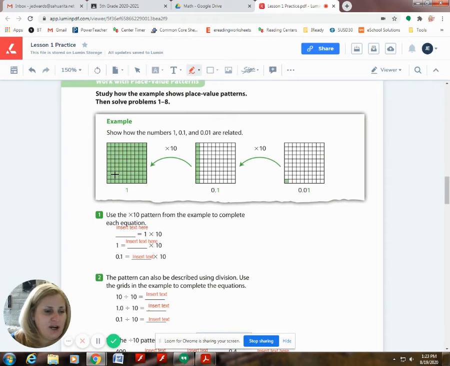But if we're looking at comparing 1 to 100th, that would be 100 times, because that's 10 times 10, which equals 100. So here you're going to use the times 10 pattern to follow from the example to complete each equation. So 1 times 10 equals, you would write 10 there. 1 is equal to blank times 10.